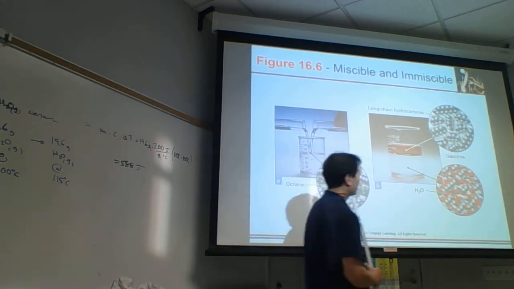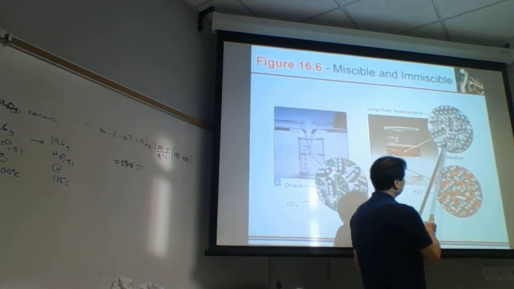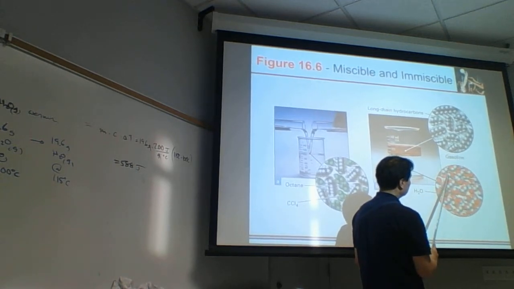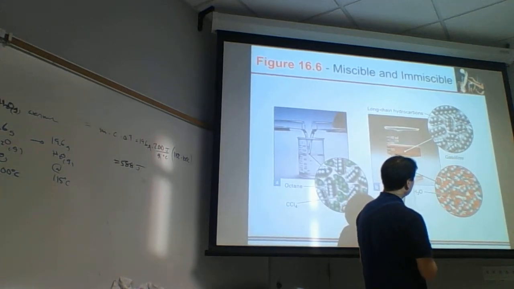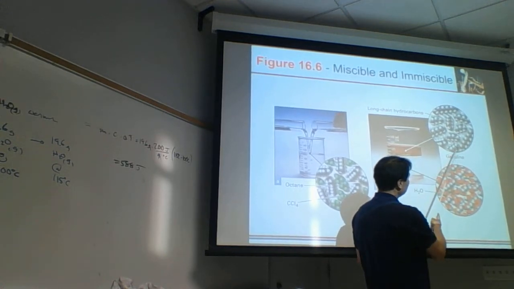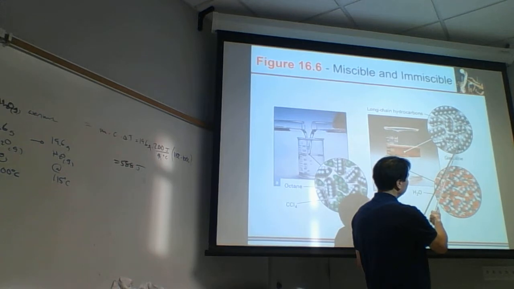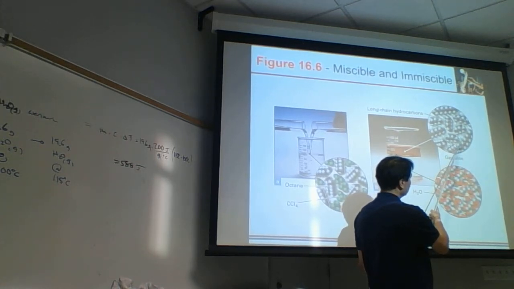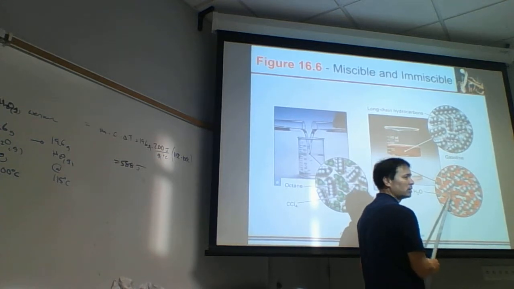Whereas, how about oil or gasoline? Gasoline and water, do they mix? No, gasoline and water do not mix, they're immiscible. That's because gasoline, like octane, has London dispersion, or temporary dipoles. Whereas water has a permanent dipole.